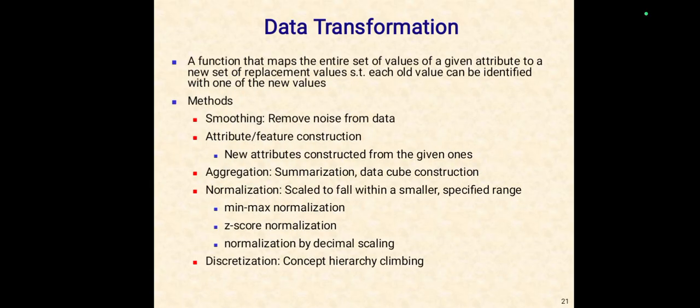Then data transformation, as I said earlier, we transform data from one format into another for easy understanding. This can happen with the help of smoothing, aggregation, normalization, discretization, etc. These are the different methods you have to apply during preprocessing.